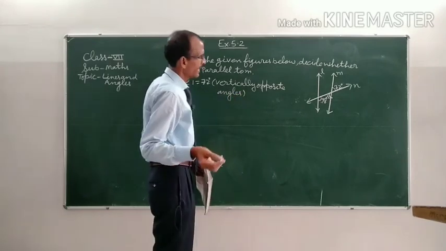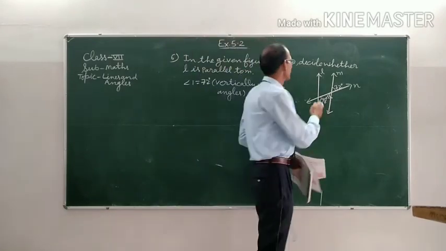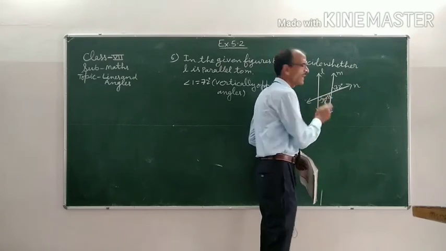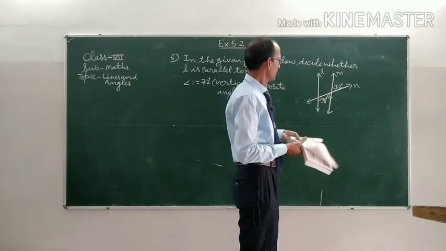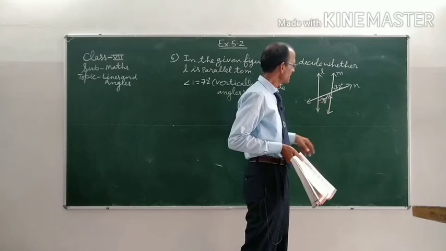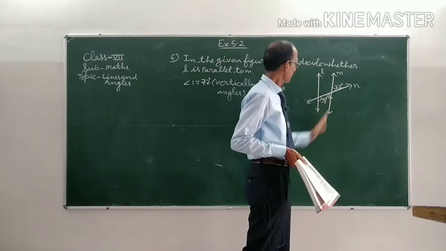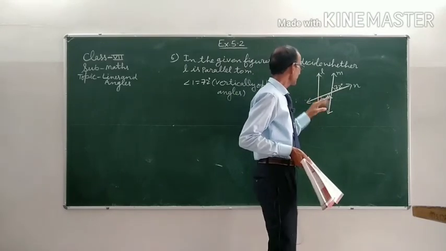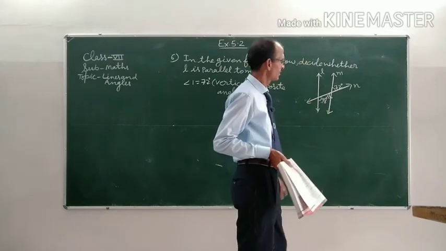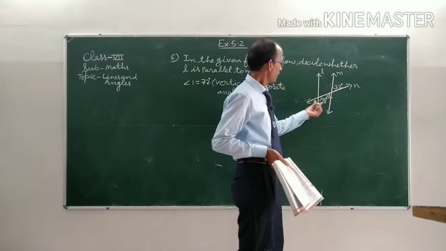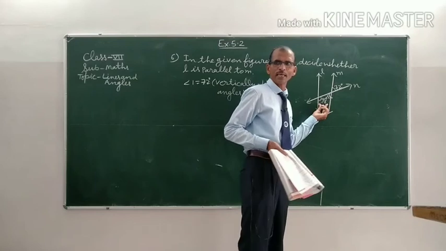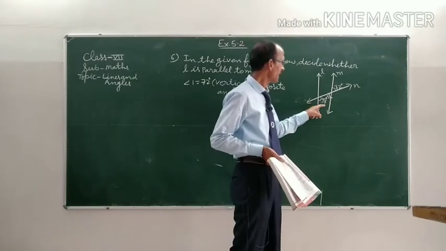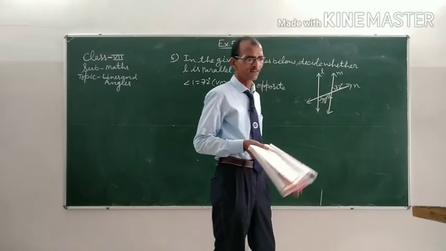Now this angle 1 and angle of 98 degree, which types of angles are these? These are the interior angles at the same side of transversal. So first we will find their sum. If it is 180 degree, then the two lines will be parallel.